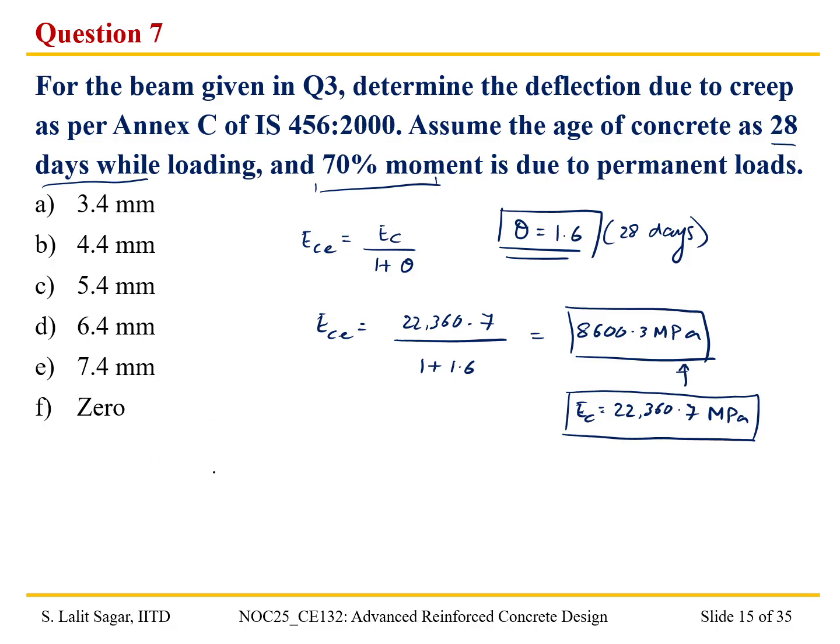Now we need to consider the cross section and determine the location of the neutral axis for this value of E_ce. Let me proceed with the location of neutral axis.